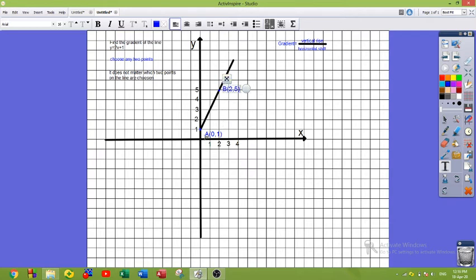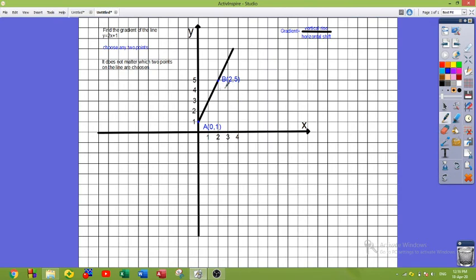Now how are we going to evaluate the rise and run? For evaluating, we are going to use the vertical rise and horizontal shift. Until this point, it will be our vertical rise. The horizontal shift will be from here to this side.